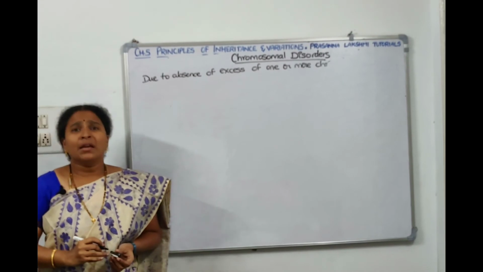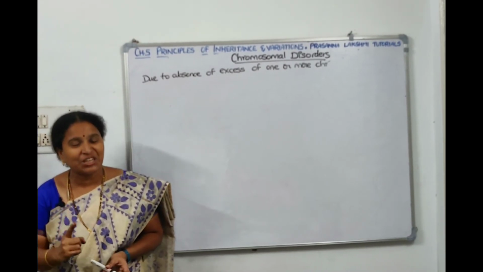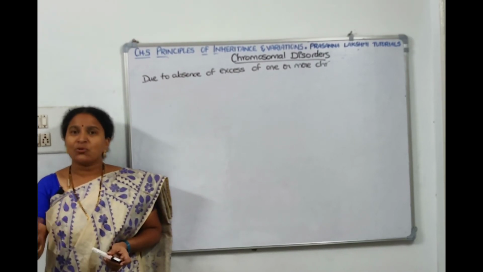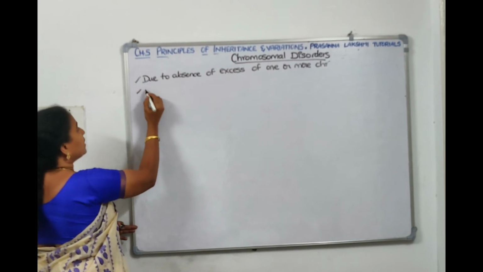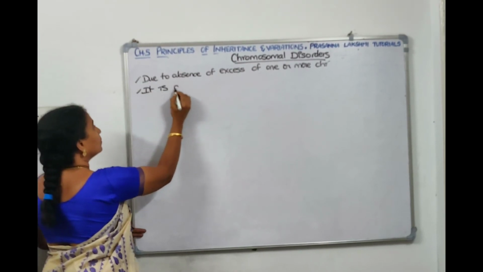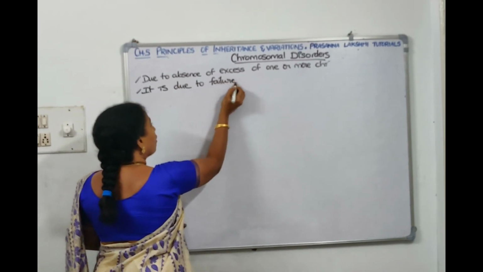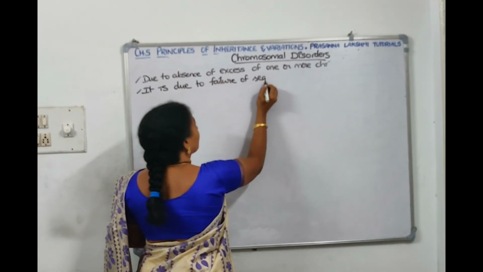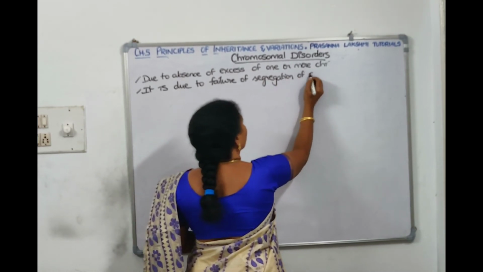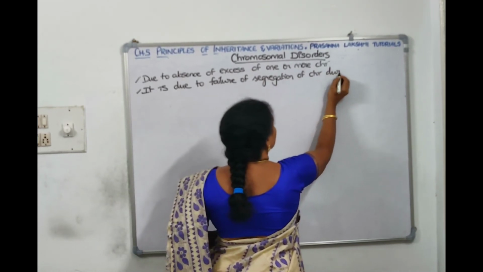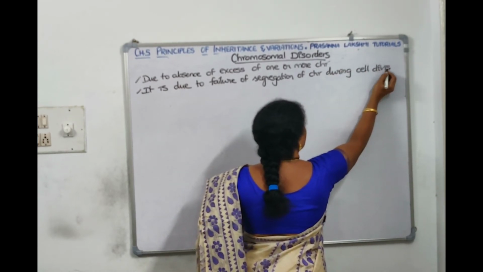When does it happen? It is due to failure of segregation of chromosomes during cell division. During anaphase, it leads to addition of chromosome or deletion of chromosome. So, how is this possible? It is due to failure of segregation of chromosomes during cell division.